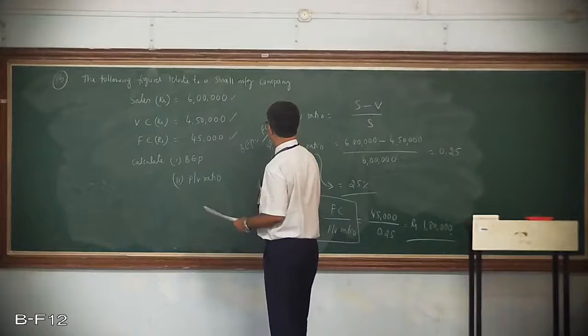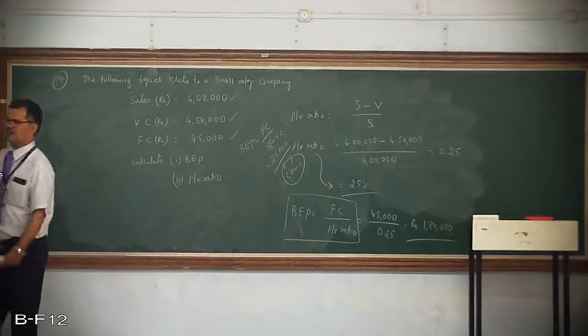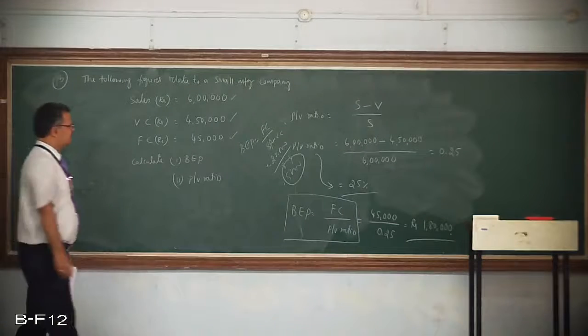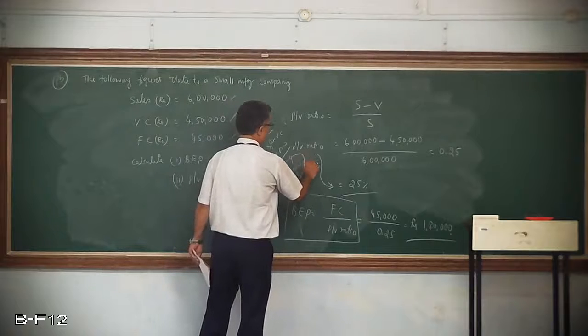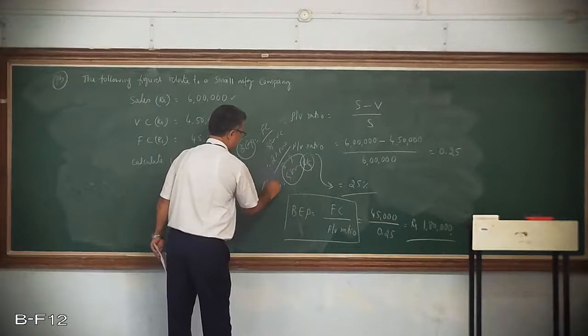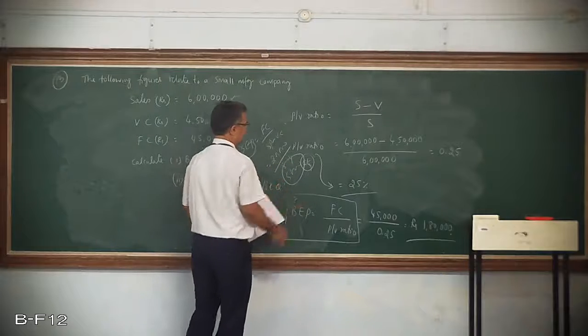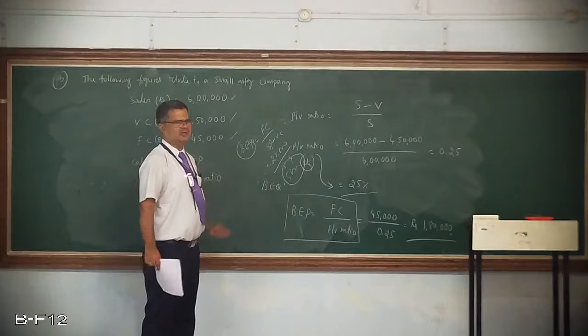Here, because the ratio came as one number, that time it can be either rupees or units in terms of quantity. Since you are not given any value in terms of rupees or quantity for the ratio, you are finding the break-even quantity.